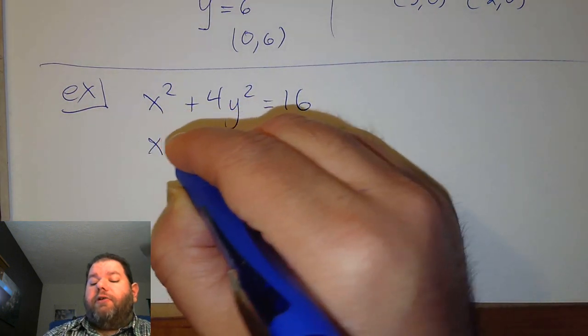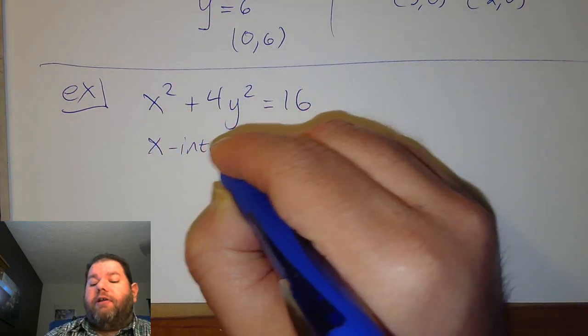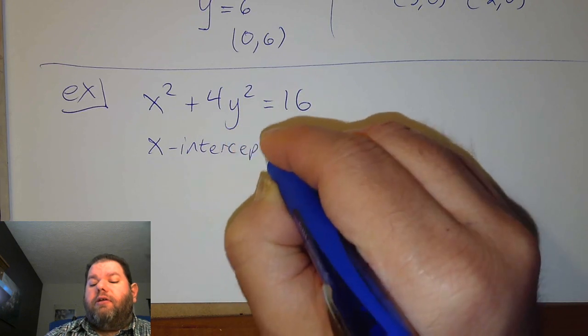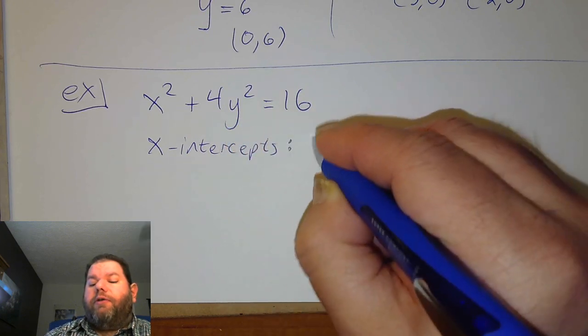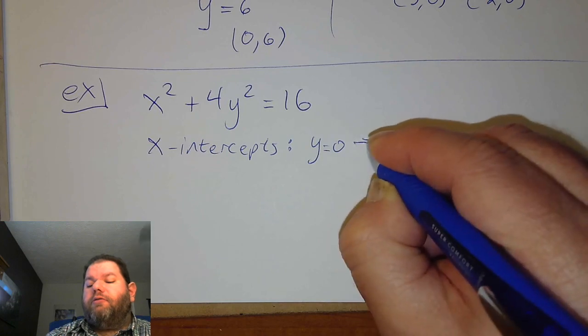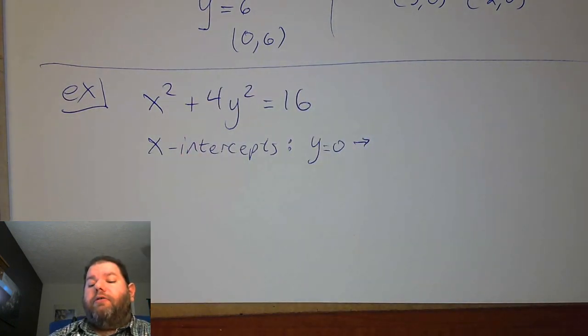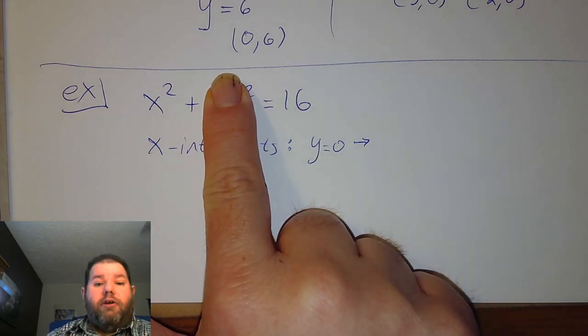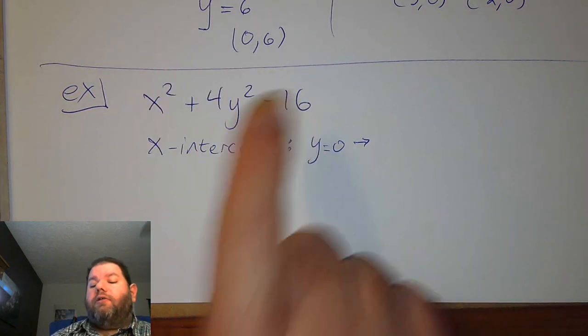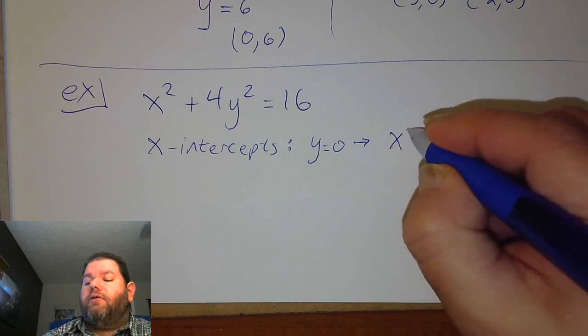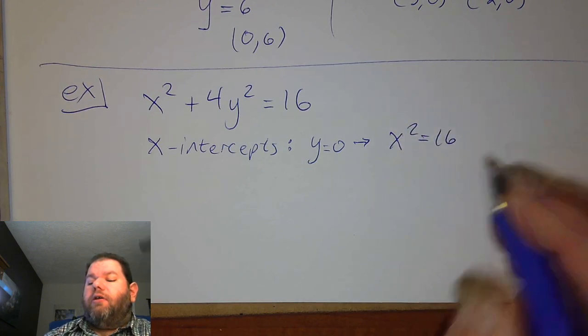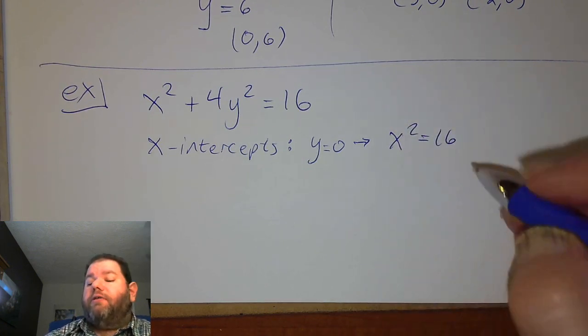Now again, starting with the x-intercepts, we know that we plug in y equals 0. If we get rid of the y's by plugging in 0, that just leaves us x squared equals 16. And what would x equal then?